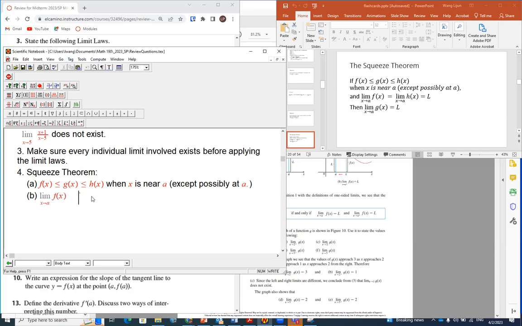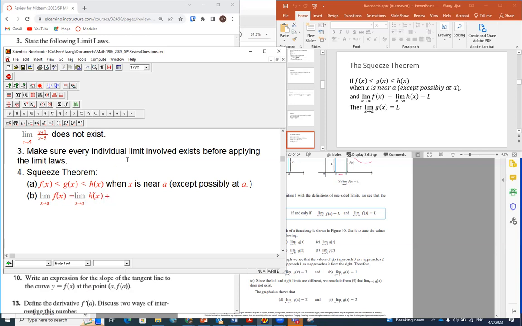The one on the top and the one on the bottom not only both have limits, so this limit exists, and they are the same. We call the same limit L.